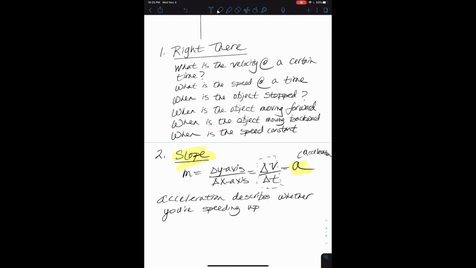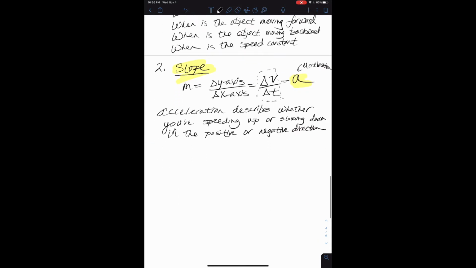Acceleration describes whether you're speeding up or slowing down in the positive or negative direction. And this is kind of tricky because let me give you an example of why.